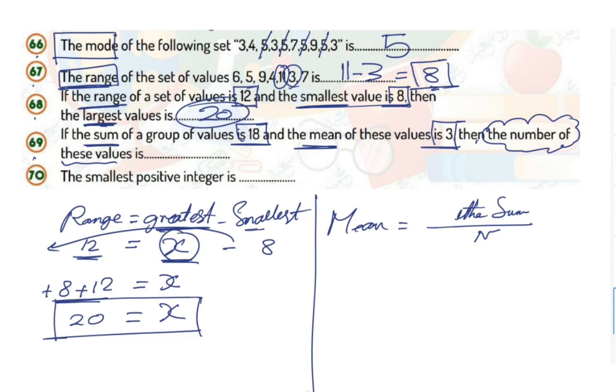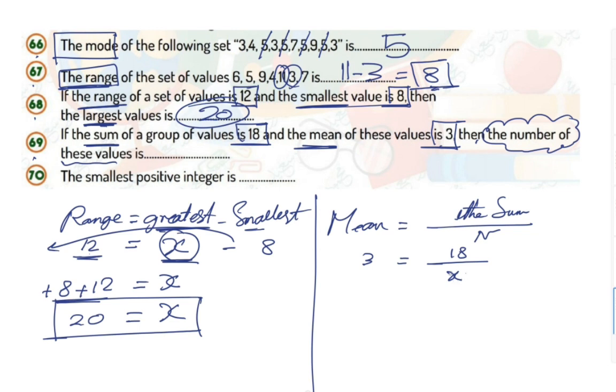Okay, now substitute. Where is the mean? Yes, the mean equals 3, equals, where is the sum? Sum of the group equals 18. And the number is unknown, as x. Okay, now we have an equation. When you have any denominator, what do you do?